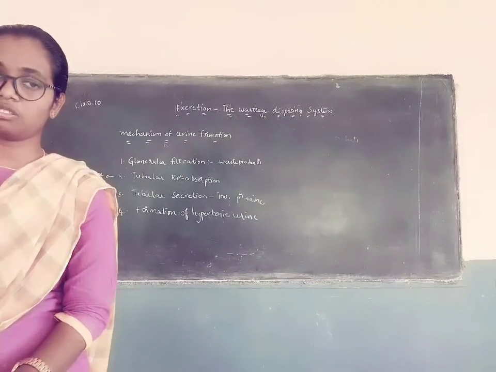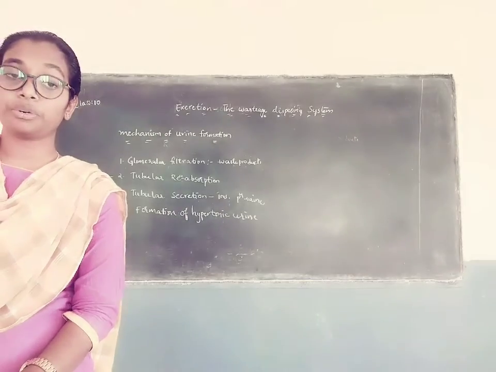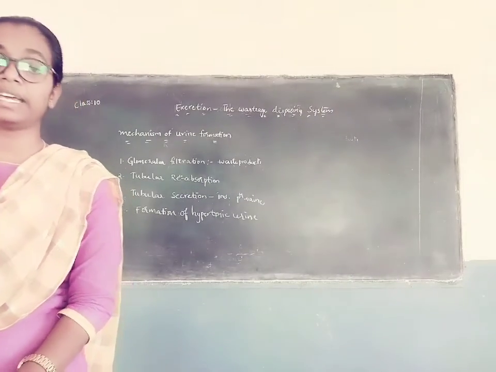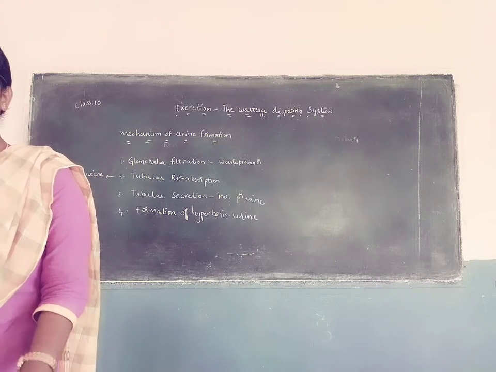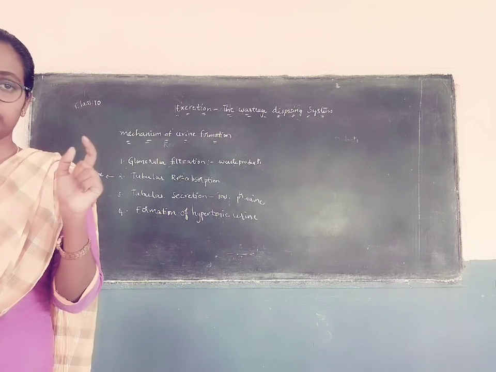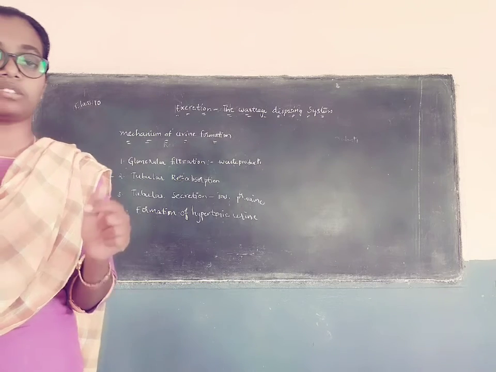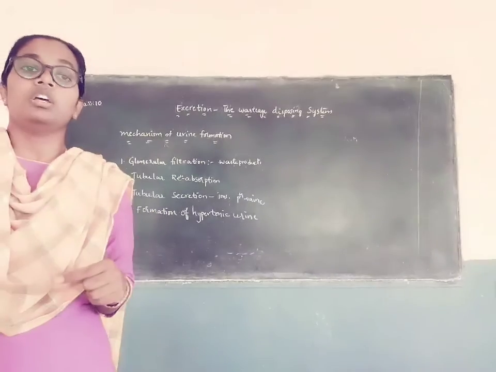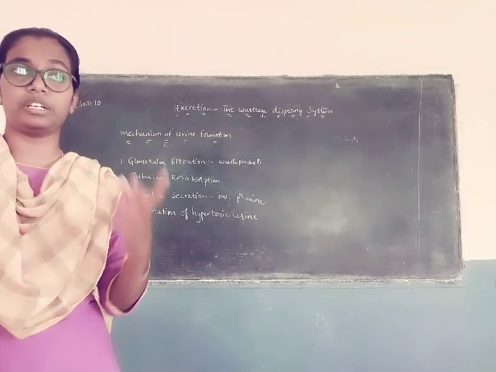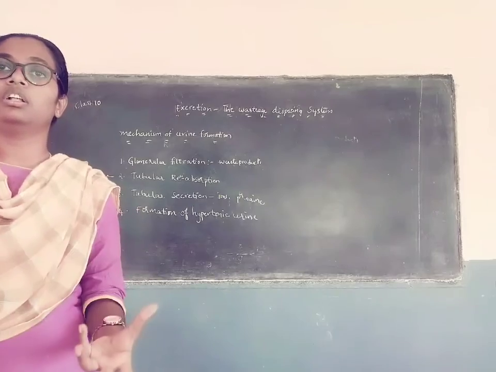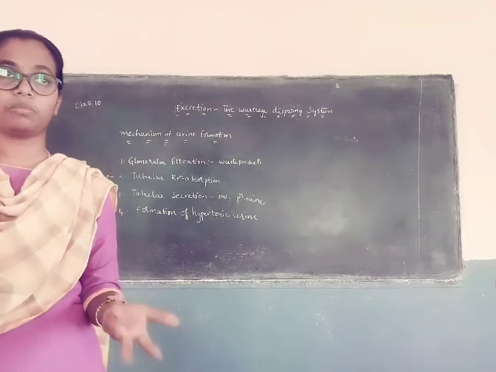Okay, further concentration of urine takes place in the area of collecting tube in the presence of a hormone called vasopressin. So concentrated urine contains vasopressin hormone, diluted urine does not contain vasopressin. That means if we drink a lot of water, we will go to the urine more times.